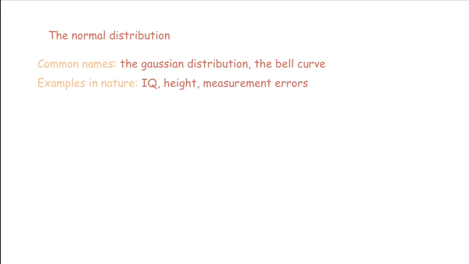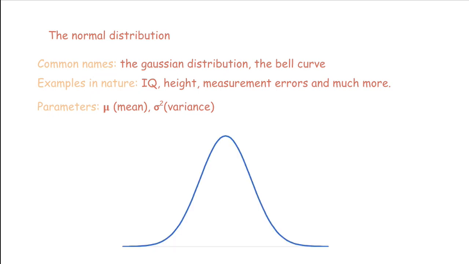The distribution of measurement errors is usually considered to be normal in statistical analysis. This distribution appears anywhere once you start looking for it. It has two parameters: mu, which is the mean, and sigma squared, which is the variance. And it looks like a bell, which is why it has the name bell curve.